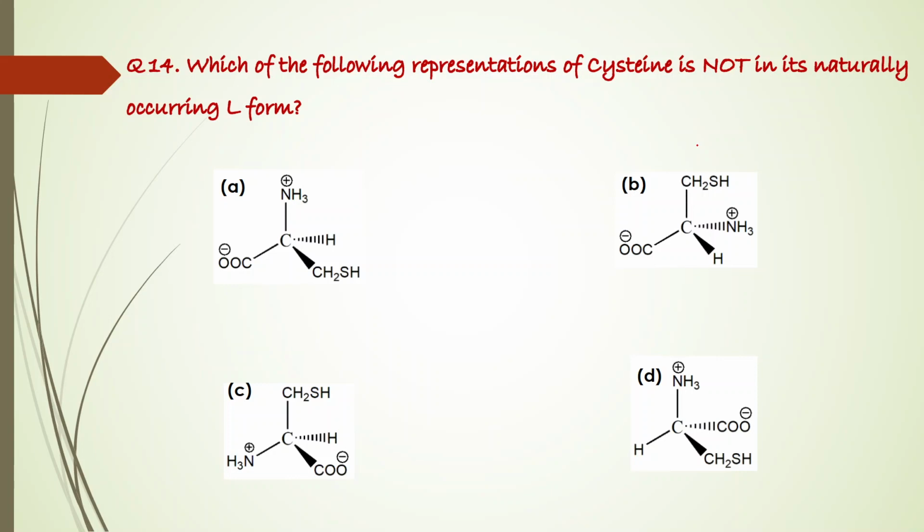Obviously if it is not L, then it will be D. I hope all of you already have a knowledge of stereochemistry, because otherwise you won't be able to solve this particular question, because you must know how to convert from flying wedge to Fischer projection. Only then you will be able to identify it.